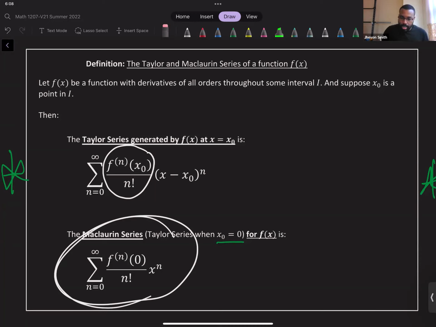Now, you may have remembered that we actually already looked at this. I do believe it was actually yesterday as well. Yeah, right there. x to the n over n factorial. So it turns out that this is the Taylor series for e to the x. I just didn't mention it at the time. And we did use the ratio test on this, and we saw that it converges everywhere.